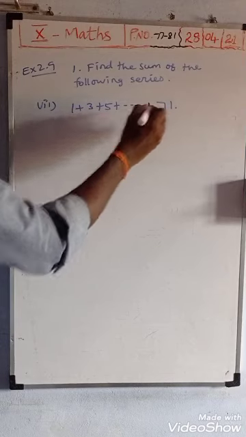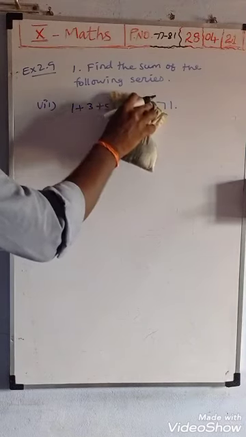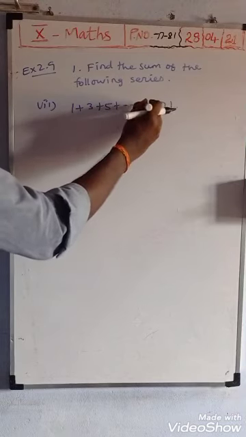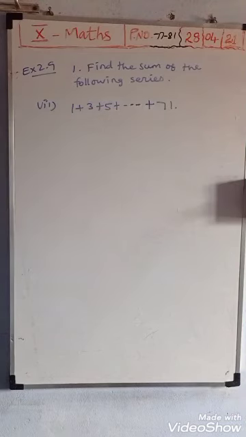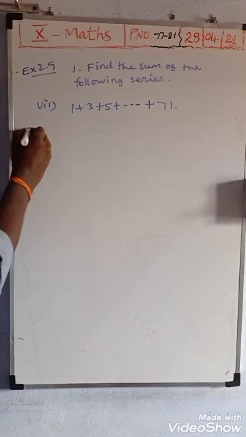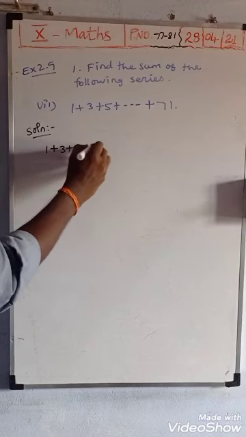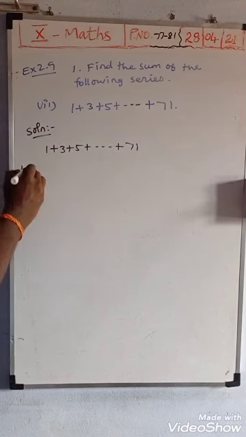Here the question is given 1 plus 3 plus 5 plus up to etc. plus 71. So the fifth formula, one more formula, I have explained. In your book it is not there, but we can apply this formula. What is the solution?